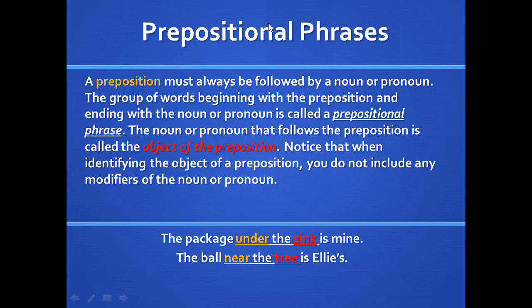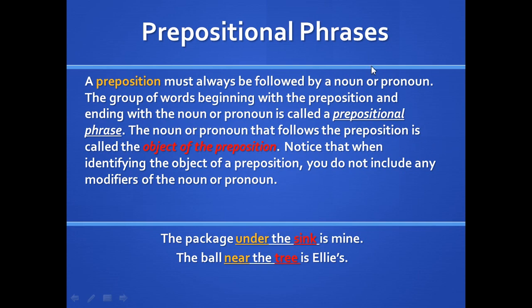The group of words beginning with the preposition and ending with a noun or a pronoun is called the prepositional phrase. So what is the prepositional phrase? It is a preposition plus a noun or a pronoun.